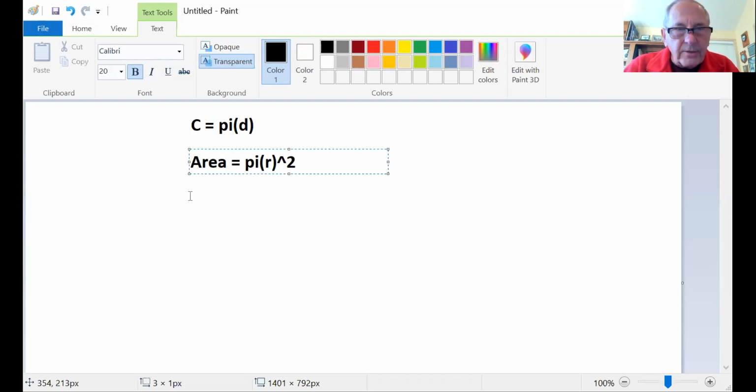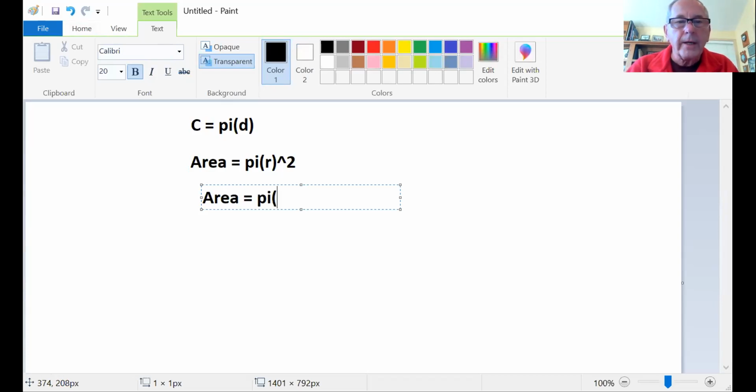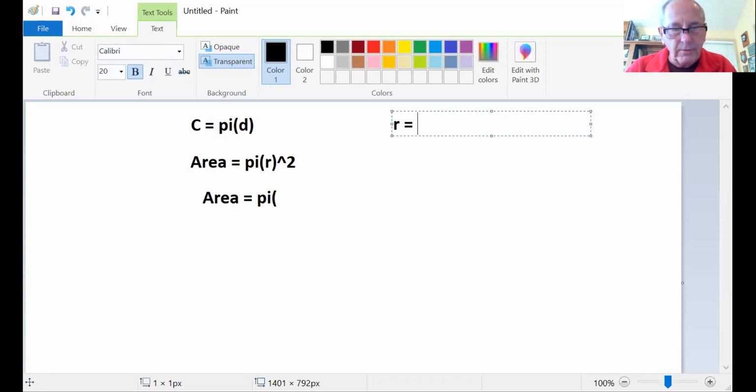Well, if I want to put d in this equation, area is equal to pi times, I'm going to substitute. We know that radius is equal to d over 2, right? So I'm going to substitute this d over 2 in here for radius, and I'm going to square it. Oops, sorry.